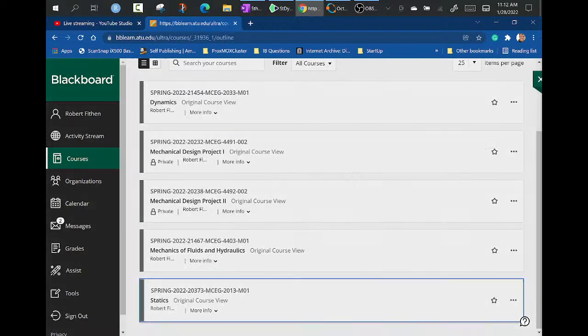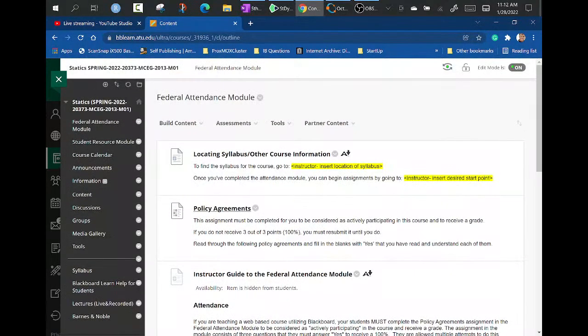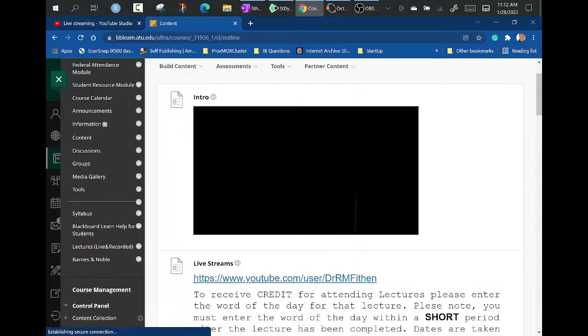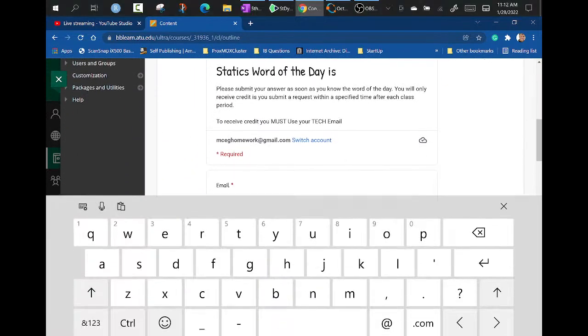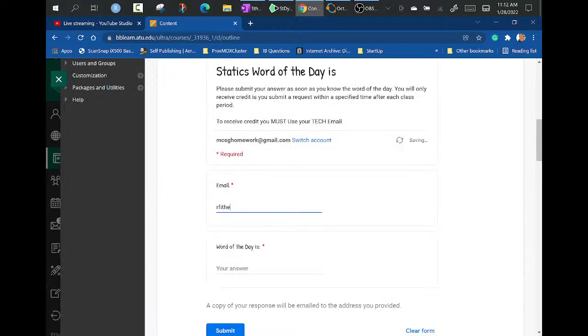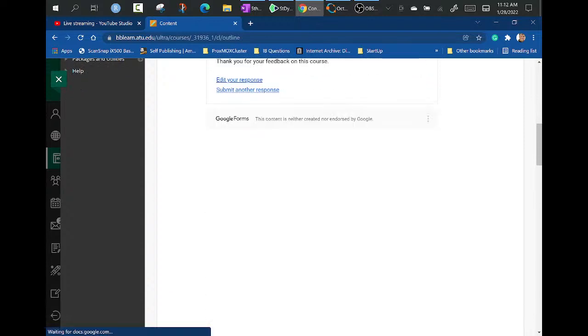This is statics. I don't know why it's popping up to that. My other courses don't do that. So even if you're here, you can do this. This gets you extra points. How about rats? That's a good term for a day. So there you go.